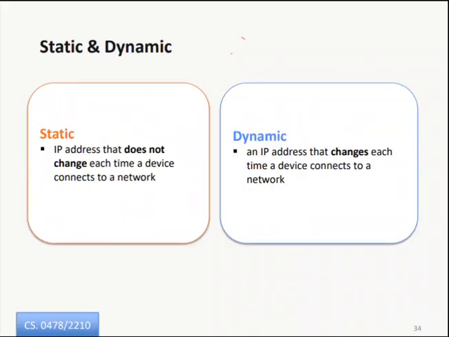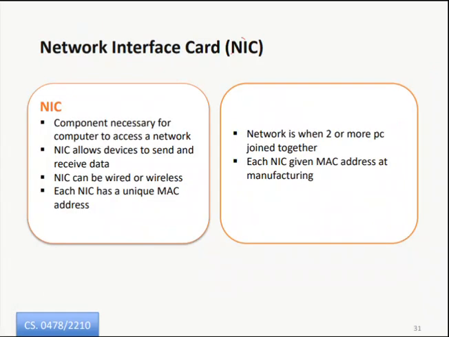So how do you actually remember this? There's an easy method I would show you. For a NIC, these are components necessary for the computer to access network devices and send and receive data. The network can be wired or wireless, with a unique MAC address. Each NIC's MAC address is set by the manufacturer, whatever it is. Just read this stuff. If they give you questions like this, then just answer these points, nothing else.